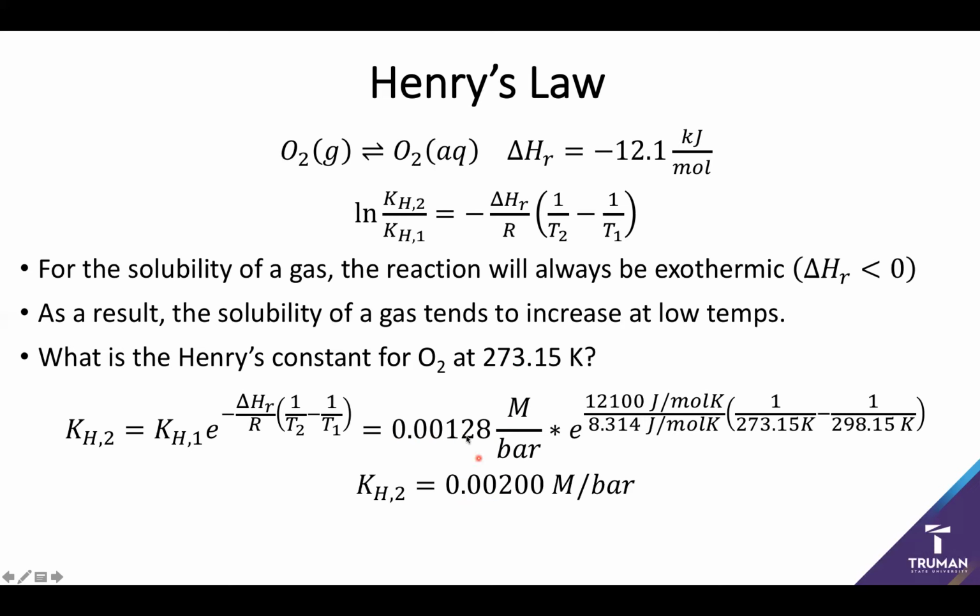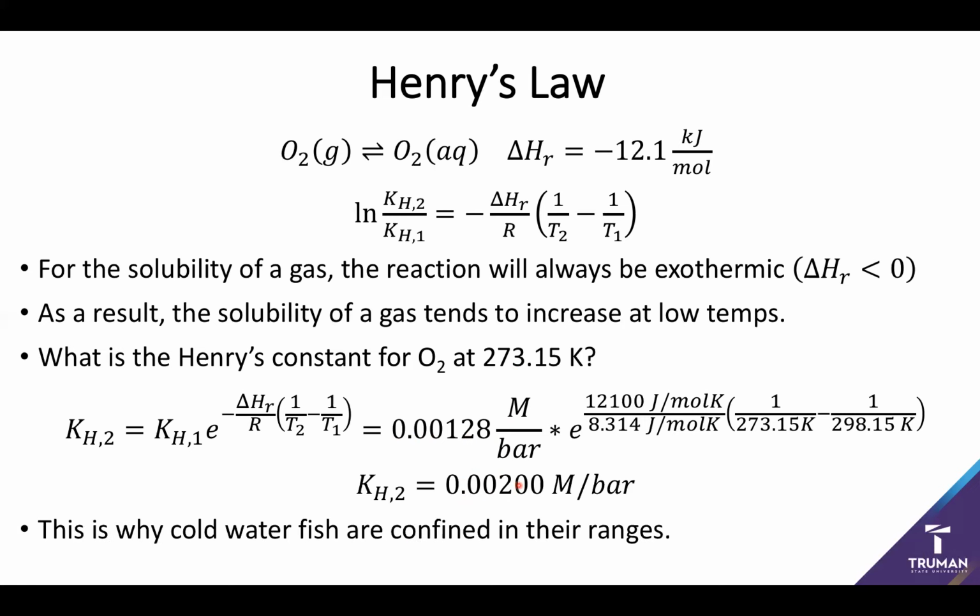Note that this is almost twice as high. This means you can get almost twice as much oxygen in ice cold water as in room temperature water. And this tells us a lot about why you have things like cold water fish and warm water fish.